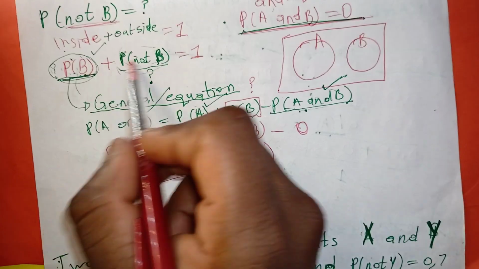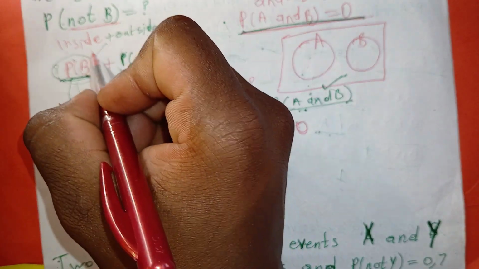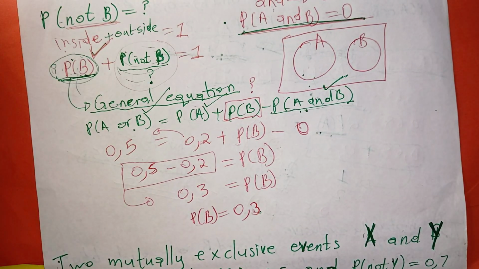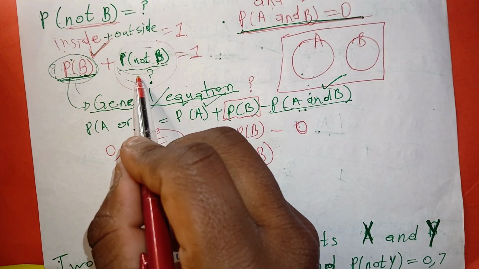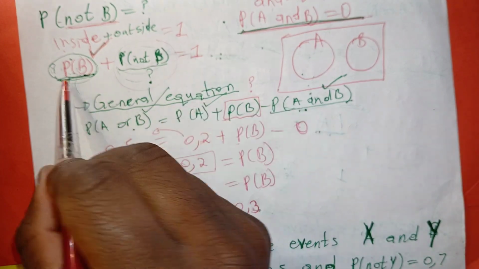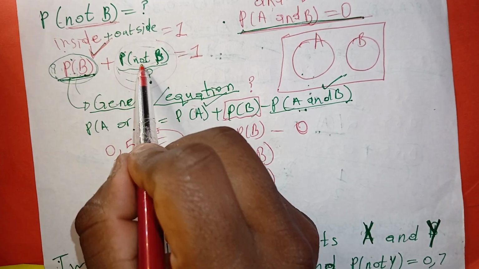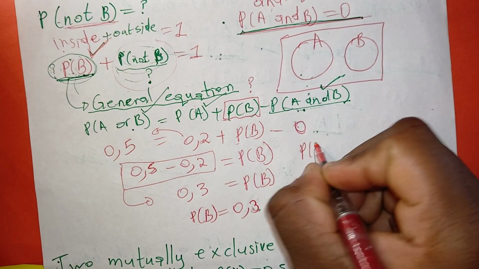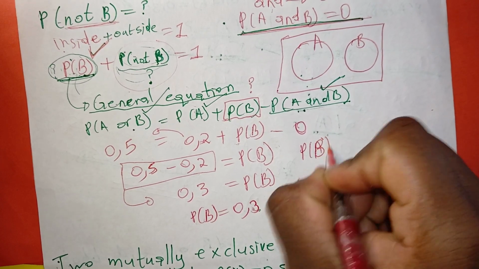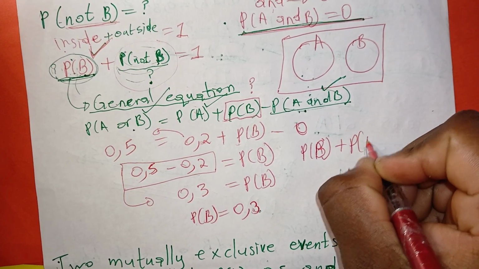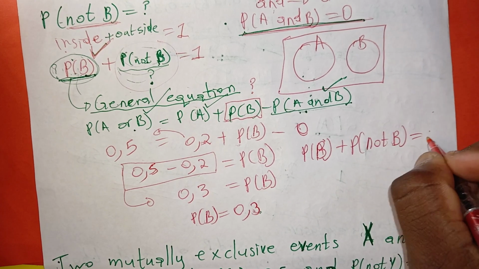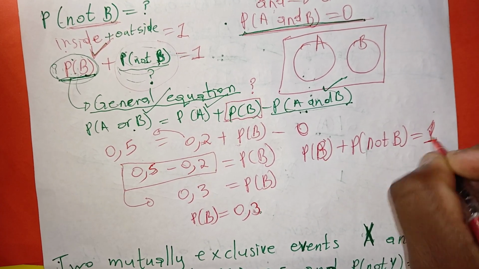So now we know PB, and by knowing that PB, remember guys, we will apply our complementary event. We will know that PB and we will solve this thing. Remember that we must have one unknown value in the equation. So now this thing we know, meaning now we can know that one. The complementary event says that the probability which is inside plus the probability which is outside is equal to 1.